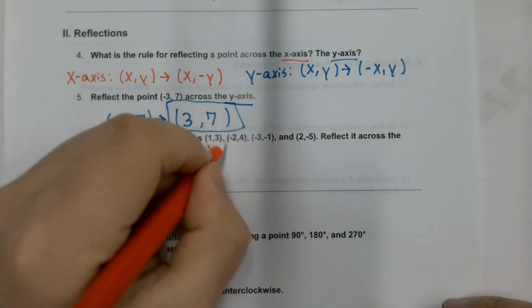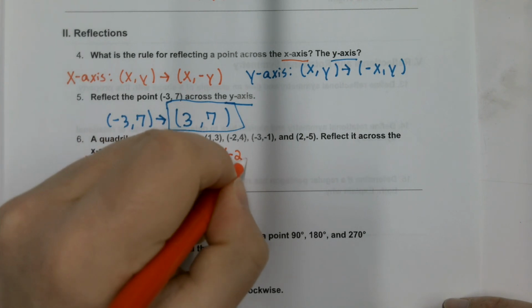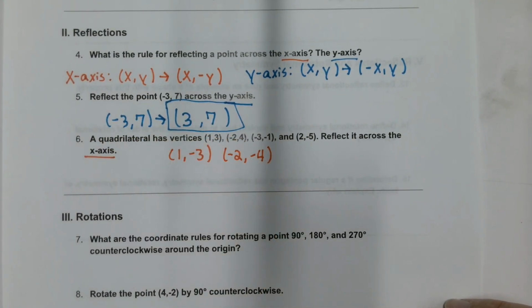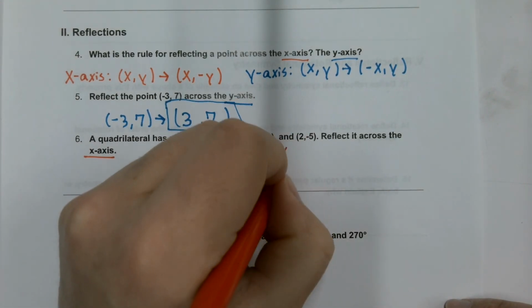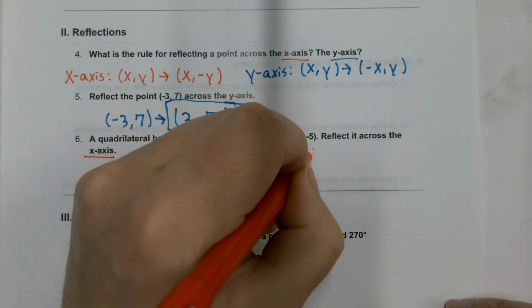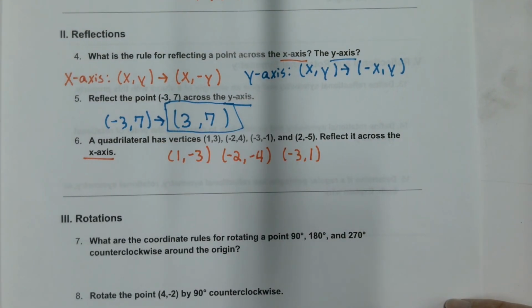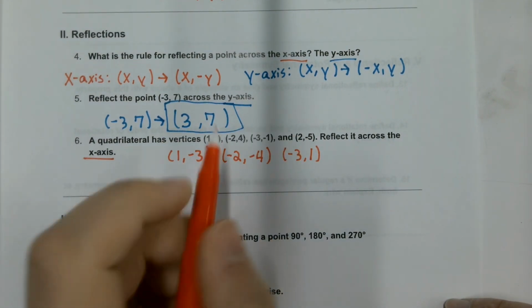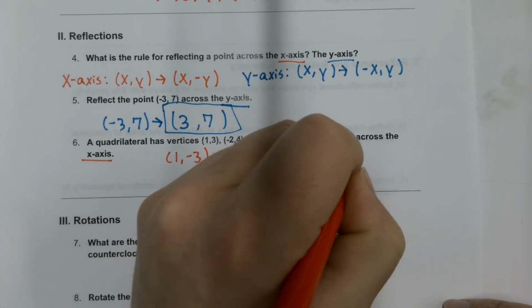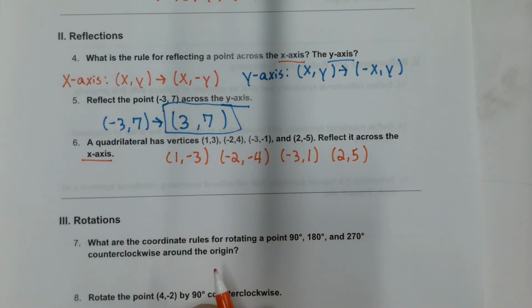Right here, we're going to leave the x value alone, leave that the same, make that 4, -4. Right here, we'll leave that -3 alone, and we'll change that -1 to a +1. And then the last point, 2, -5, we'll leave the 2 alone, and we'll change -5 to +5.